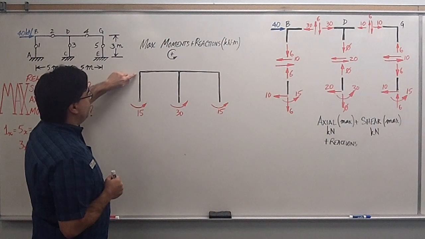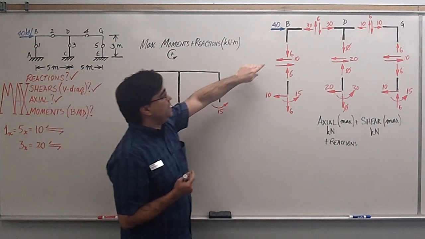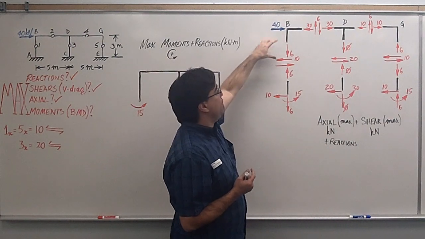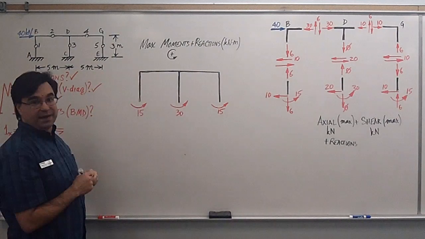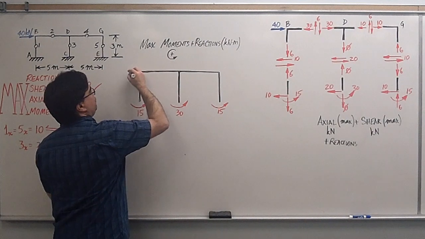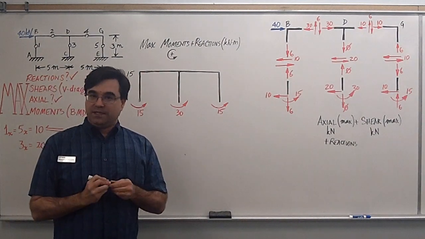Now we have to figure out the moment at this end here. So how do we do it? We take the shear corresponding to that end, 10, multiply it by the distance, 1.5. So that tells us that it's going to be 15. And the question is, what direction is it going to be in?